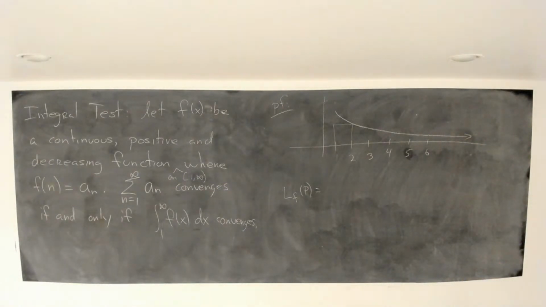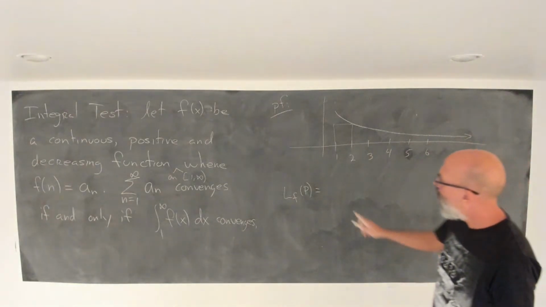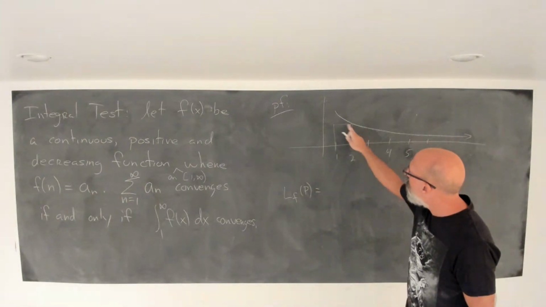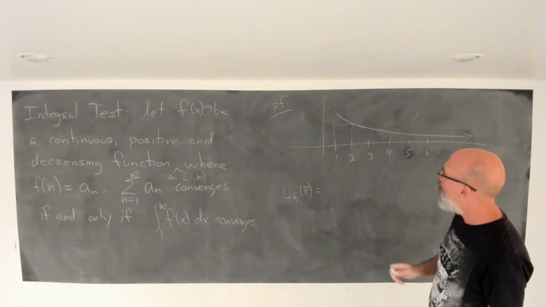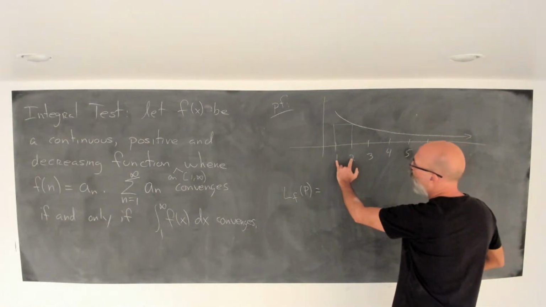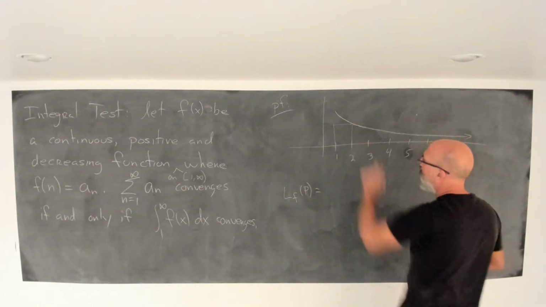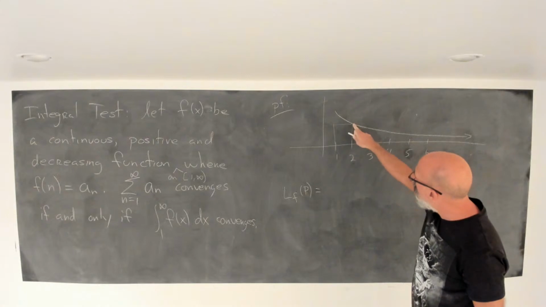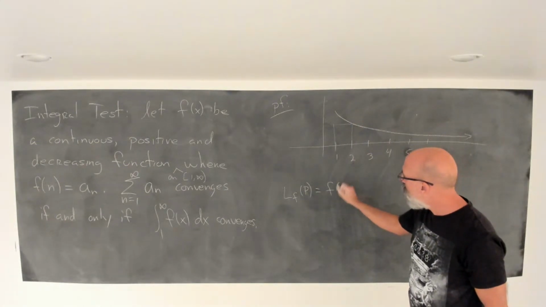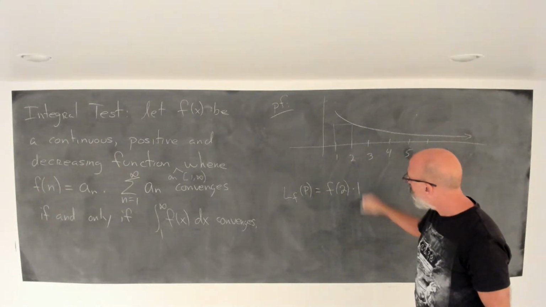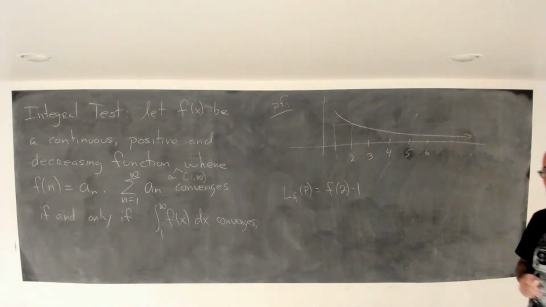And we're going to draw that rectangle. The lower sum is going to be the area of this rectangle plus the same thing for all of them. Now the width is 1. The height is whatever your function is at 2. So this is f of 2 times the width.